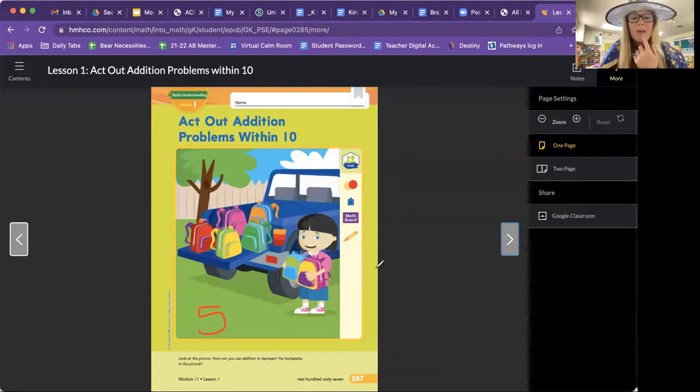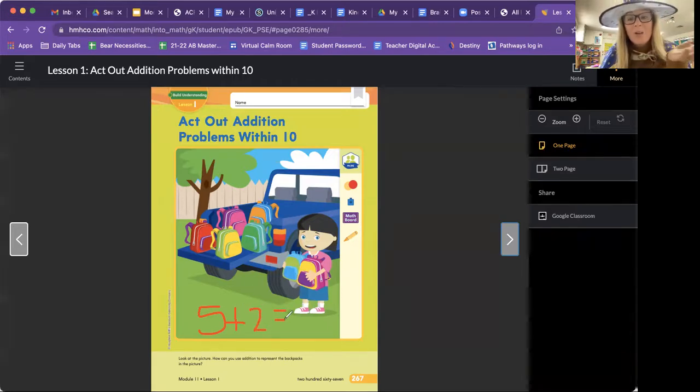And it looks like maybe she's taking some away. No. Is she adding more? Adding, what sign would I use? How many more? 2, good. And then I'm going to put an equal sign.